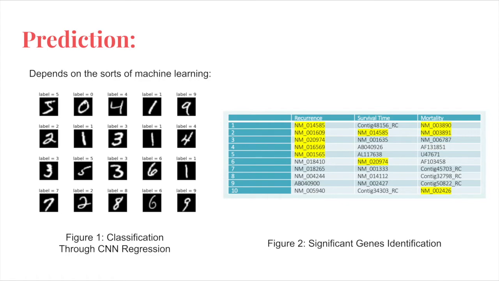And then we're trying to correlate this figure to this label. Although we're using deep learning instead of machine learning, it's actually a classification problem. We're trying to classify each picture into 10 categories, from 0 to 9.